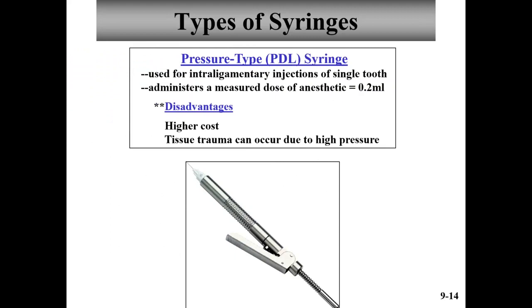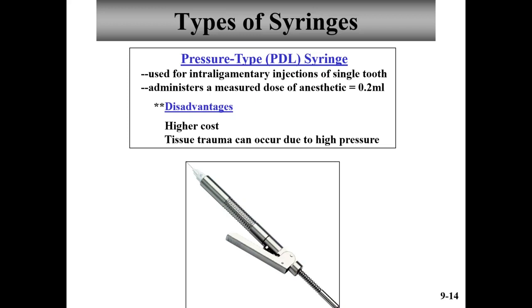A pressure type syringe, or PDL syringe, is used for intraligamentary injections, and that's where you inject directly into the PDL, the periodontal ligament, of a single tooth, and it will anesthetize a single tooth. You have to put a lot of pressure on the needle to get it to go into the ligament, and it's really hard to deliver your local anesthetic because that's a tight space.